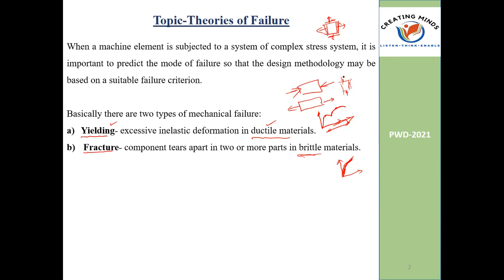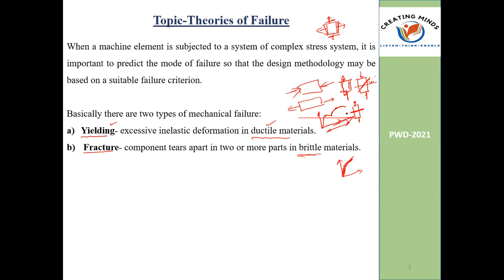But when a brittle material is subjected to compression, it will get a 45-degree failure pattern. Similarly, if you apply tensile force, here we can see the cup and cone arrangement and a 45-degree failure line. So all those things we have already studied in the first class.